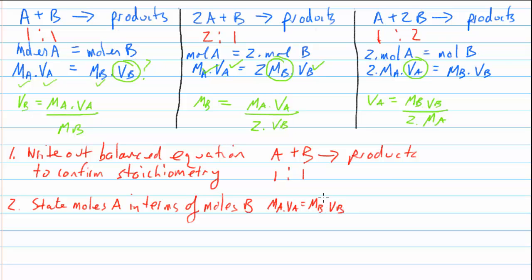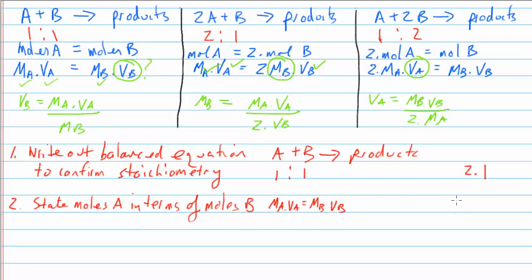If the stoichiometry was 2 to 1, then the moles of A would be equal to 2 times the moles of B, and we would come up with the relationship MA VA equals 2 MB VB. So state the moles of A in terms of the moles of B to come up with the MA VA MB VB equation.